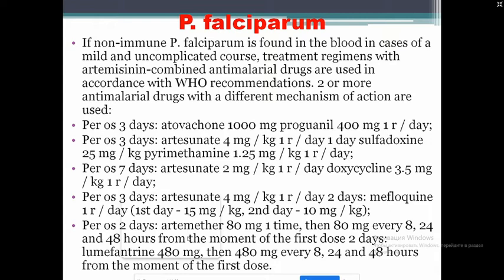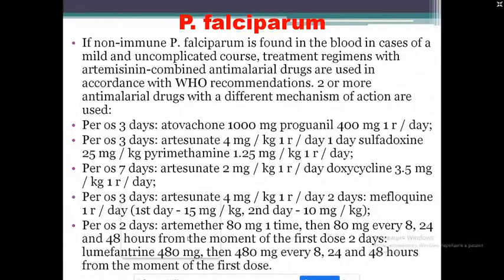Or sulfadoxine 25 milligram per kilogram or pyrimethamine 1.25 milligram per kilogram one time a day for 7 days. Artesunate 2 milligram per kilogram one time a day or doxycycline 3.5 milligram per kilogram one time a day for 3 days.